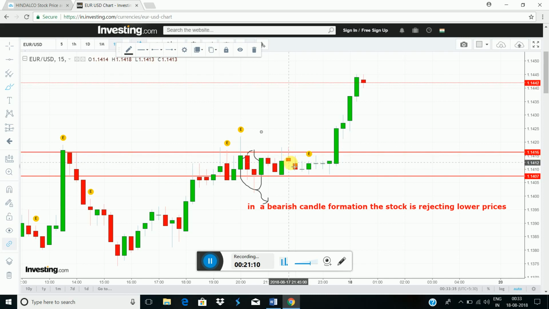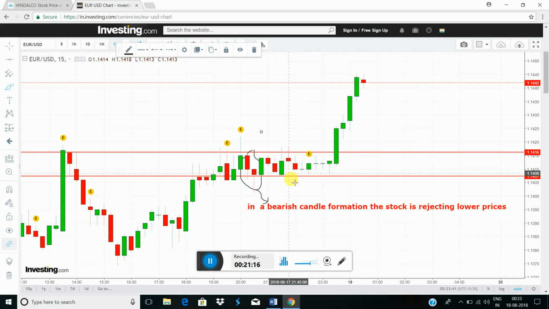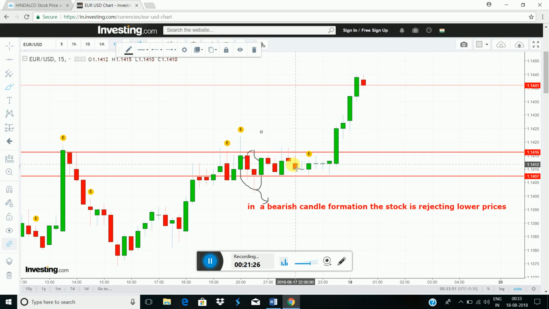And right over here you see this bearish candle couldn't break the low of this bullish candle which has been formed before. So this is a candle of indecisiveness. Indecisiveness is happening right at this point.